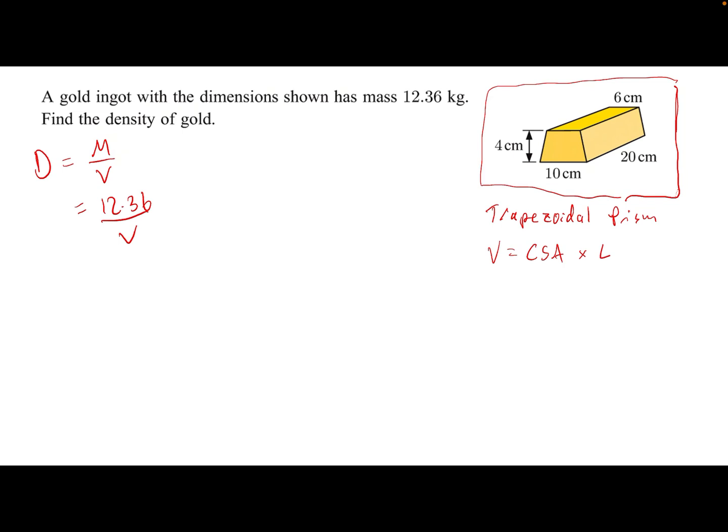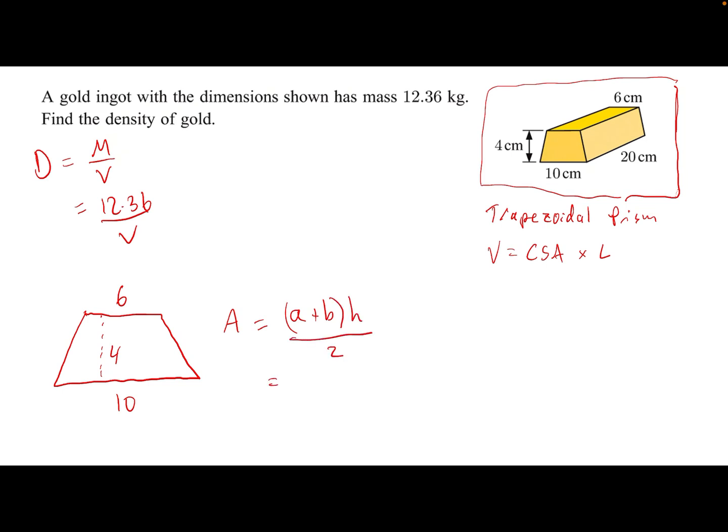So the trapezium is going to have these dimensions here. It's going to be 6, 10, and 4. We should pretty easily be able to work out the area of the trapezium because we remember the formula. Area is equal to (A plus B) times H over 2, where A and B are the parallel sides of the trapezium and H is the perpendicular height.